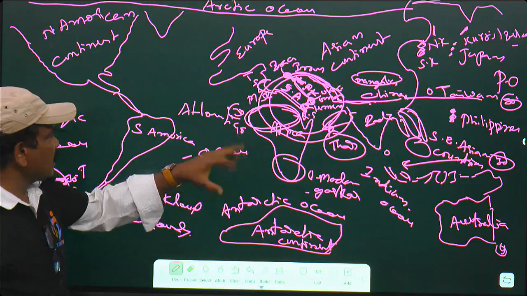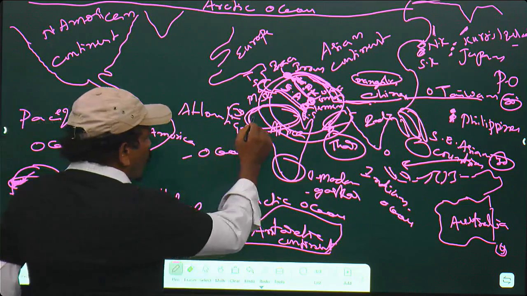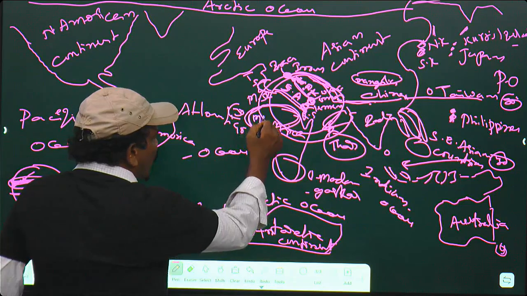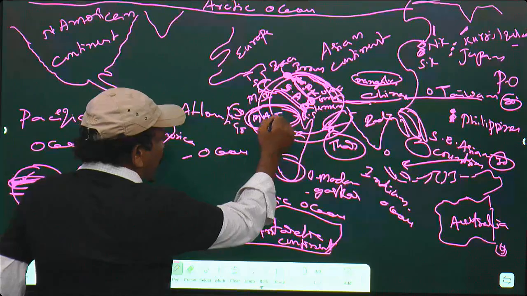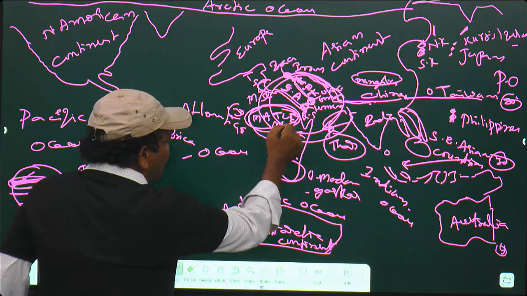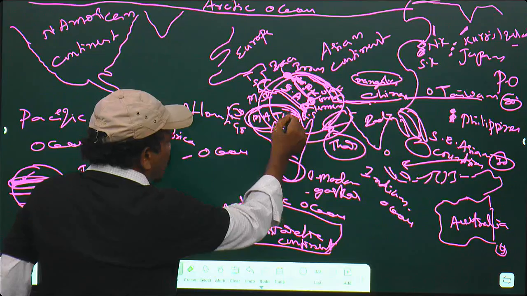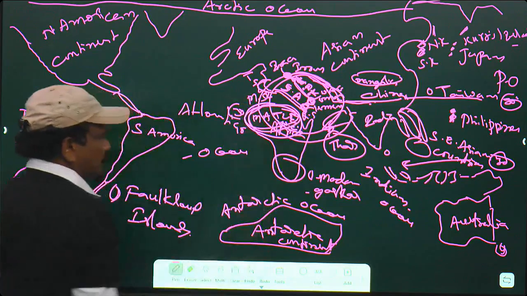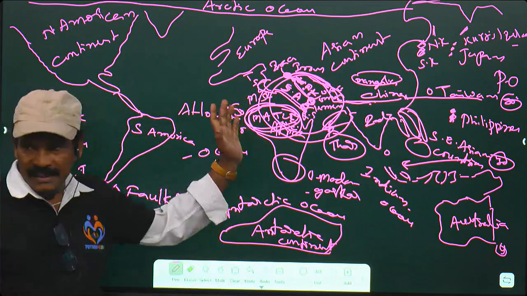The Sahara Desert is distributed in Morocco, Algeria, Tunisia, Libya, Egypt, Niger, Chad, Sudan. They are all locations of the Sahara Desert.